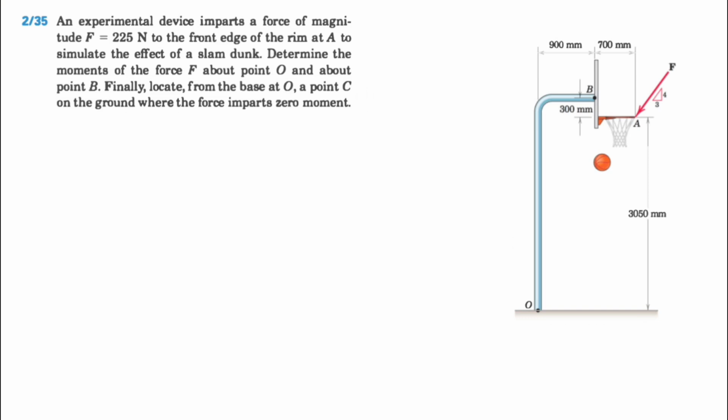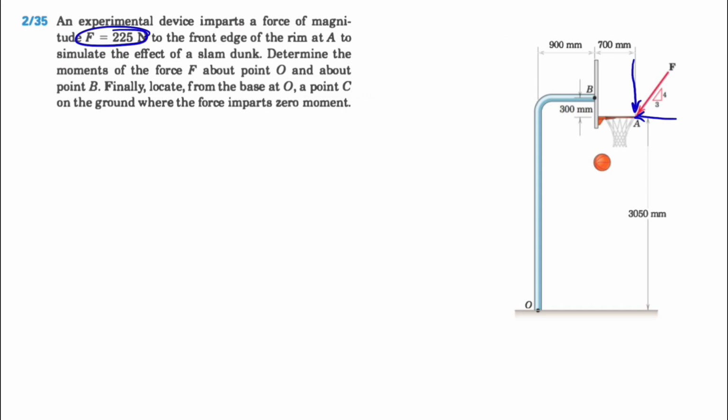So let's start with the first part of the question, and find the moment about point O. We're going to use the 2D shortcut, so we break F down into X and Y components. This will be the X component of F, and this will be the Y component. We know F is 225 newtons.